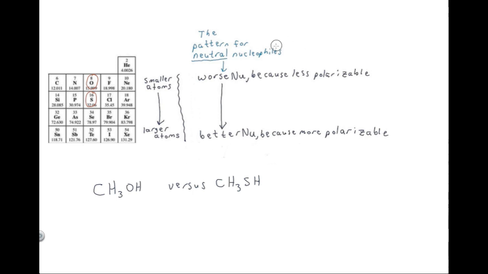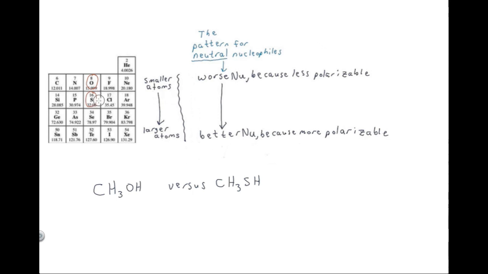The pattern for negative nucleophiles is more complicated. The pattern for negative nucleophiles depends on the solvent. I'm not going to get into those issues in this video. If you want more information about comparing negative nucleophiles, you should be able to find that in your textbook. This is the pattern for neutral nucleophiles.